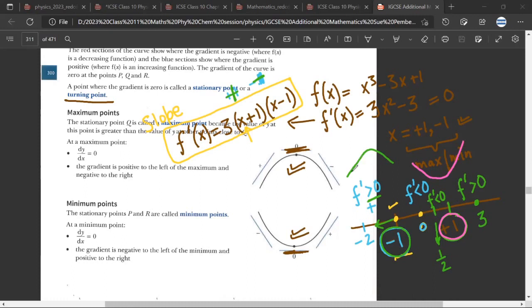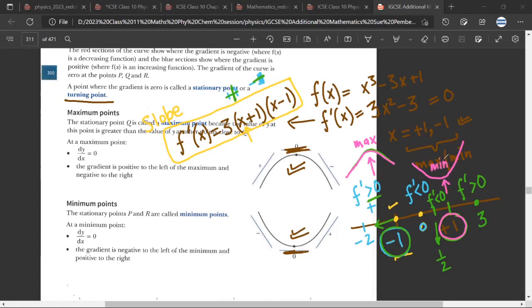So if slope changes from positive to 0 to negative, this point would be local maxima. Is it making sense? If slope changes from negative to 0 to positive, this would be local minima. Is it making sense?